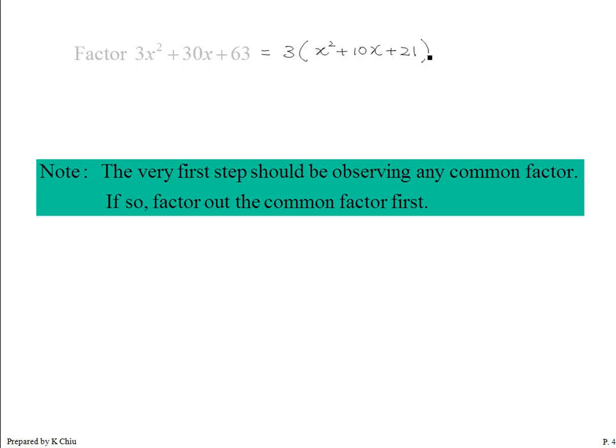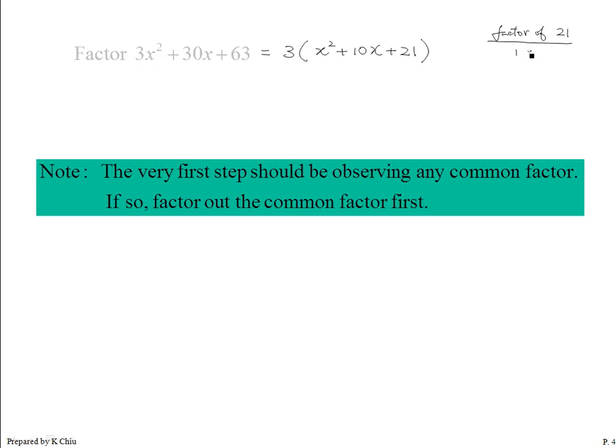All right, now let's continue to finish that one. I have a trinomial inside the parentheses. I have x squared plus 10x plus 21. So I'm going to consider the factors of 21. It's a positive 21.